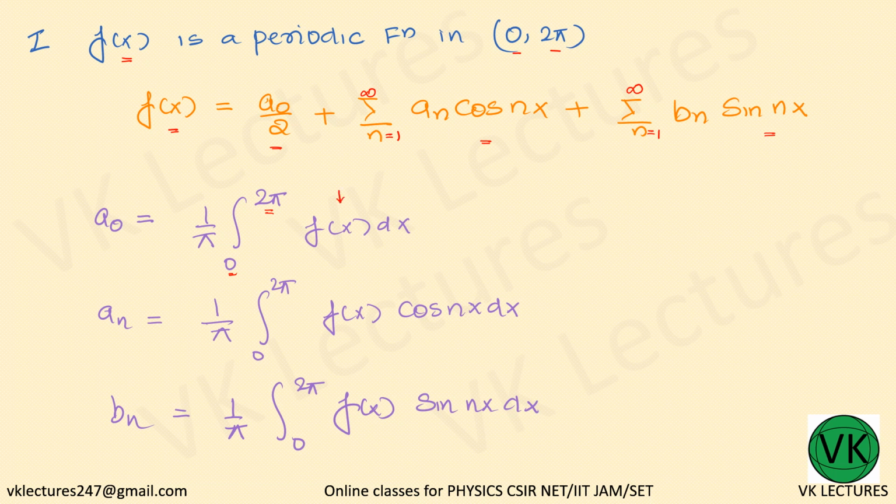Now an equals 1 by pi integral, again the limit is the range of the function, 0 to 2 pi, f of x into cos nx dx. bn, which is the sine term, equals 1 by pi integral from 0 to 2 pi of f of x into sine nx dx. So this is the cos term, which is an, and this is the sine term, which is bn.